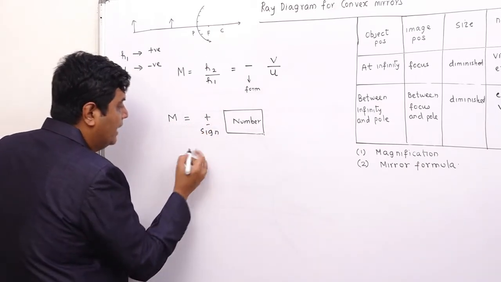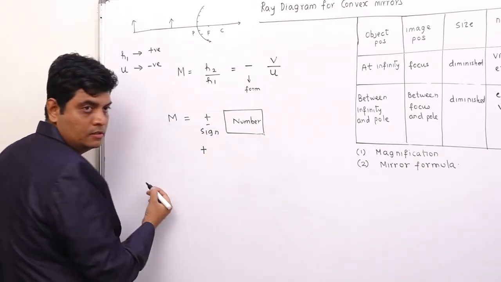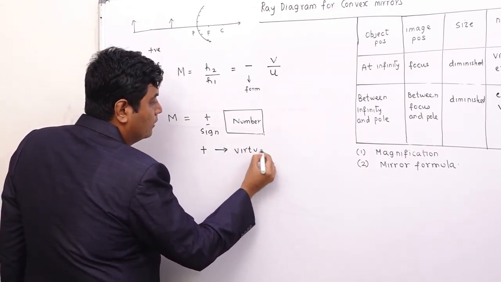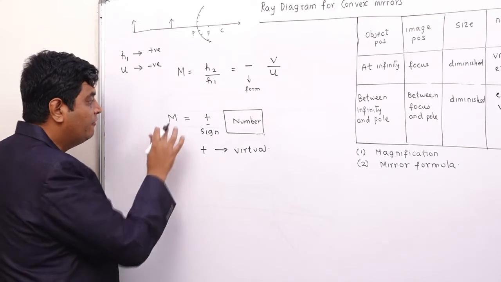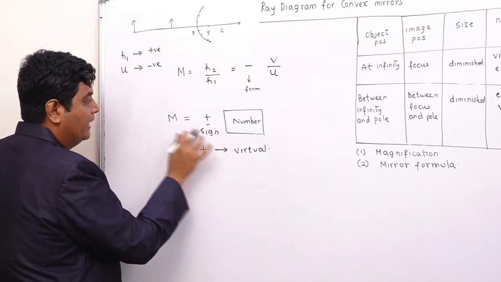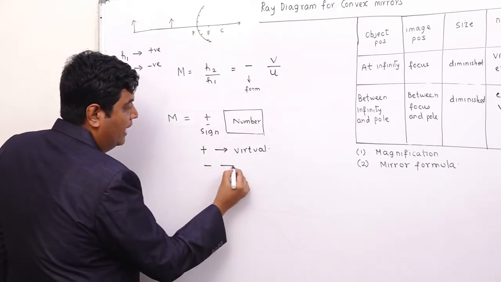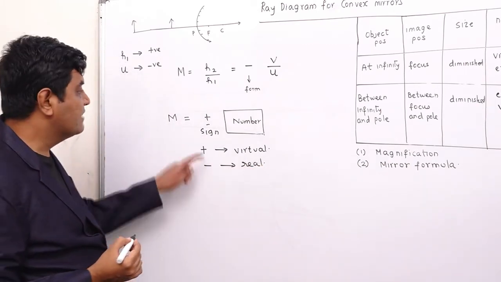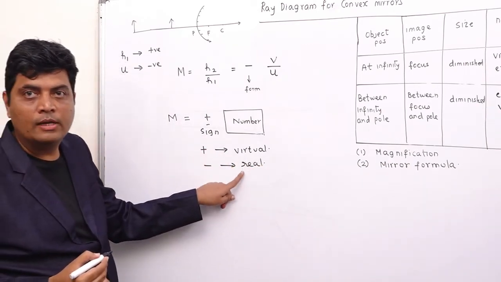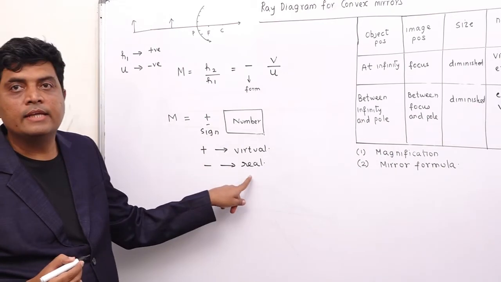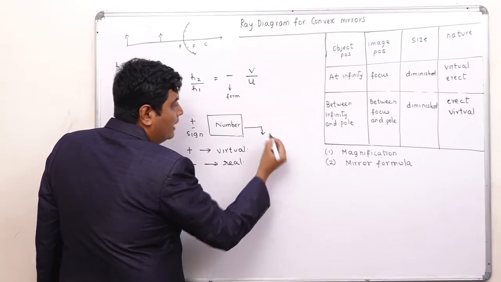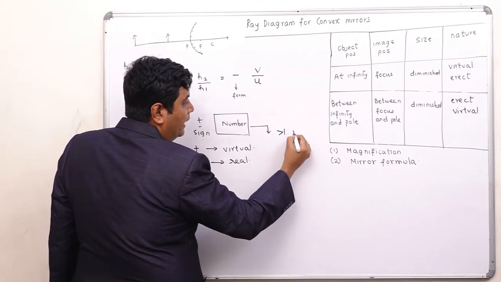If I have the sign of magnification as plus, then it is virtual. If I have the sign of magnification as minus, then it is real. Now, the number. If the number is greater than 1, it is magnified.